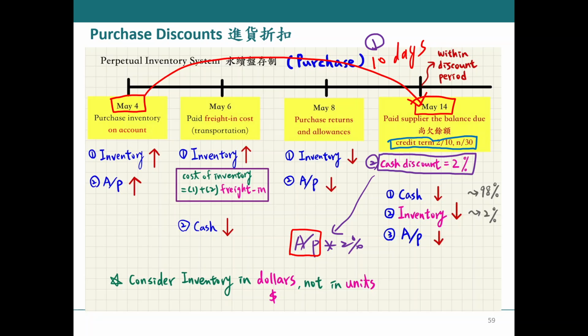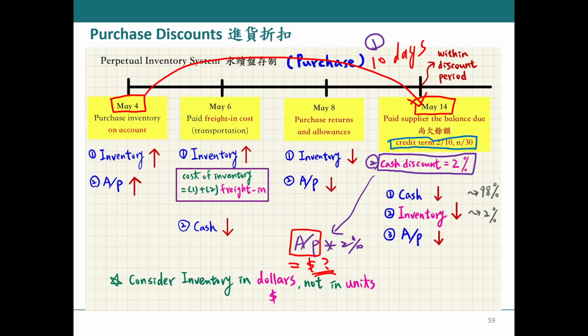At the beginning, you owed the money, but don't forget that on the third transaction, you returned some inventory, so your accounts payable decreased. So consider the first transaction and the third transaction, and you will figure out how much you still owe the suppliers. Based on this, you can get the 2% cash discount. So the second thing is you have to do your math and find out how much.